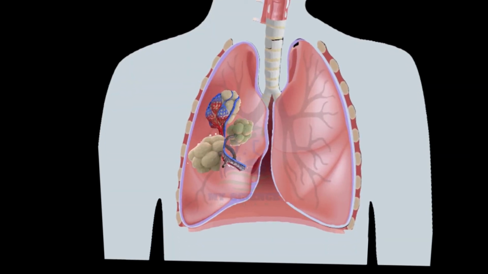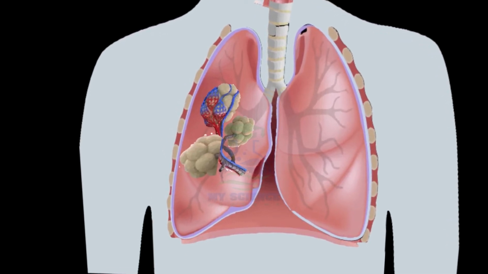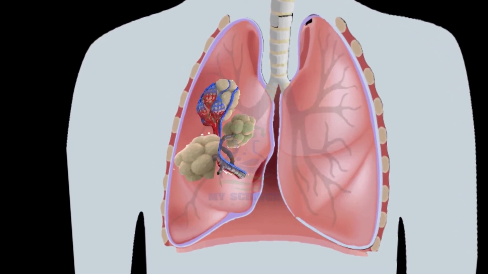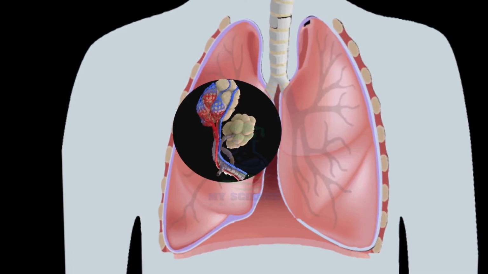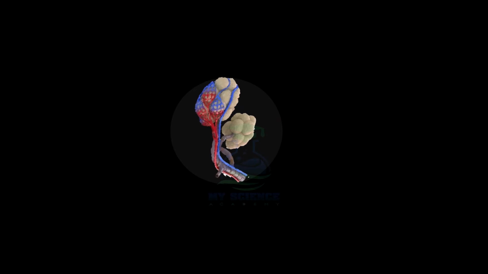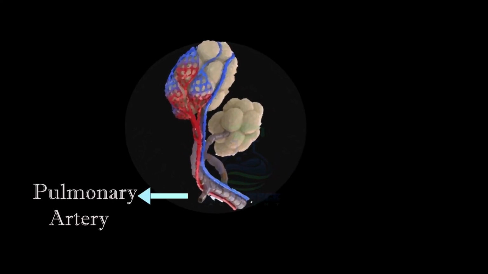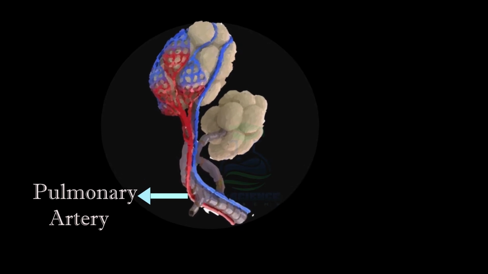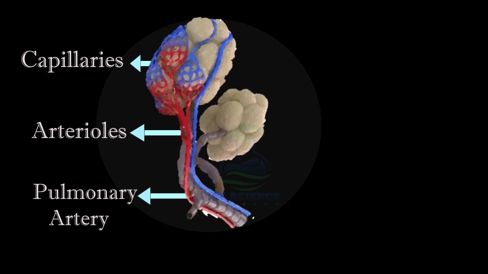Each alveolus is a sac-like structure and it's surrounded by a network of capillaries. Deoxygenated blood from the heart enters into the lungs through a vessel called pulmonary artery that branches into arterioles, and these arterioles further branch into capillaries that surround the alveoli.